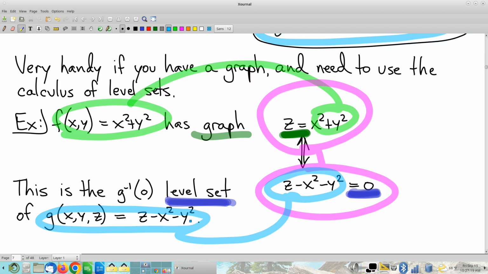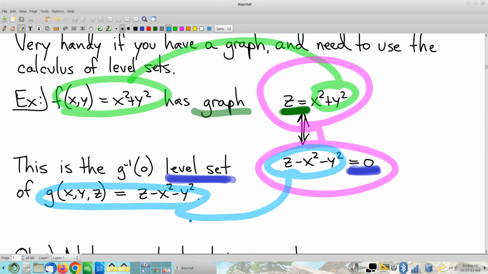The graph of f is represented by this equation that has three variables, and so the graph of f lives in 3 dimensions. Okay. You'll see the value of this little slick move when we start getting into the calculus of graphs and the calculus of level sets pretty soon, possibly today.